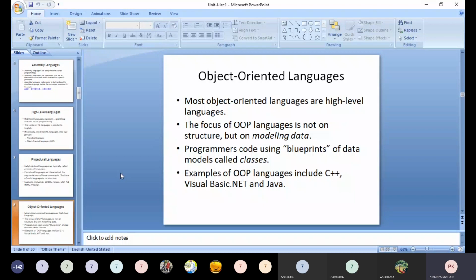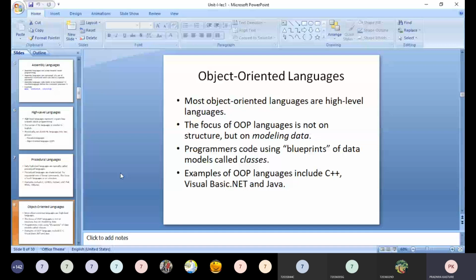Firstly, the focus was only on the structure, made from start to bottom. Now for OOP languages, the structure is meant for modeling the whole thing. The data is important, and how the data is to be accessed.